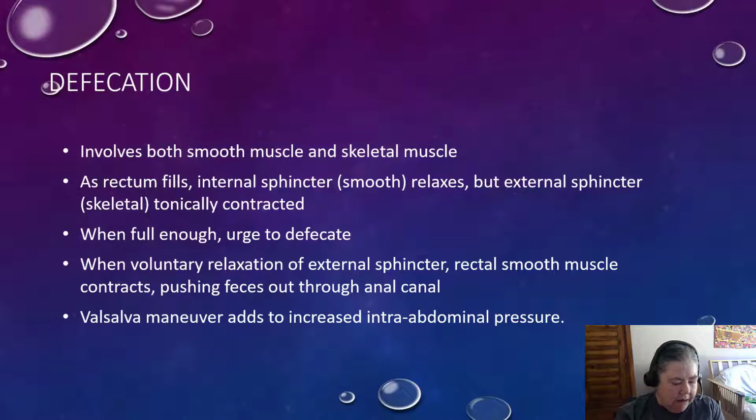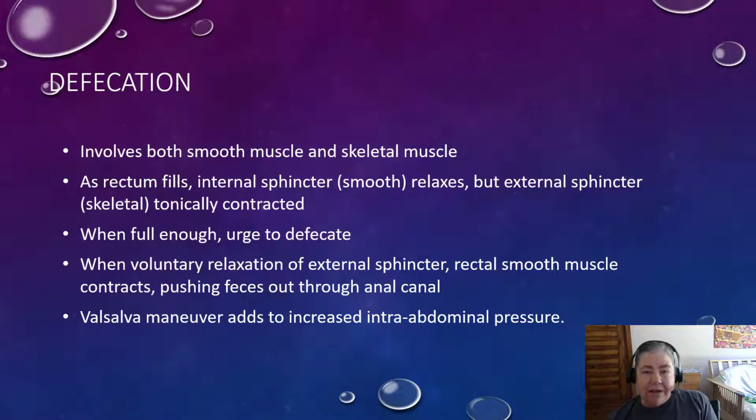Defecation involves both smooth muscle and skeletal muscle, and this is something that's pretty important. As the rectum is filled by these propulsive movements, there is a smooth muscle internal sphincter that relaxes, but the external skeletal voluntary sphincter stays contracted. Once the rectum is full enough, we have the urge to defecate.